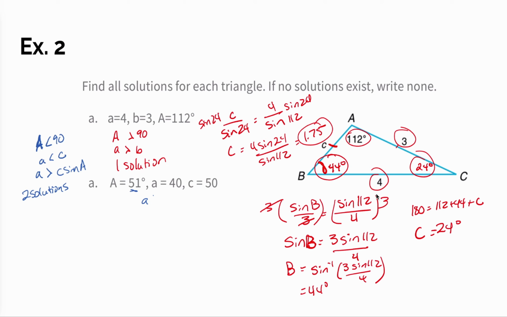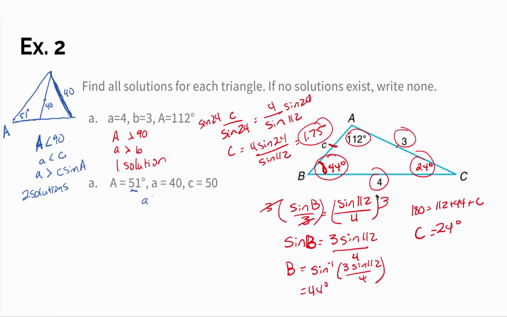Okay, so to sketch out what this looks like, I like to do it like this. All right, so you've got some side A here. We know angle A is 51 degrees. And we know the side opposite that is 40. It could be this side, or it could be this side.